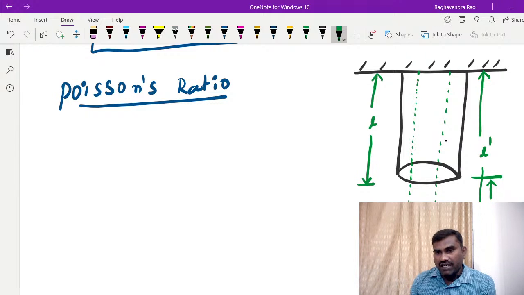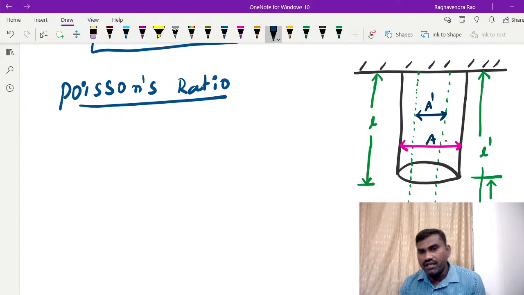So when the length is increased, what happens to the diameter? The initial diameter is this much, but the final diameter is only this much. That means this is A, this is A dash. So length is increased, area of cross section decreased.